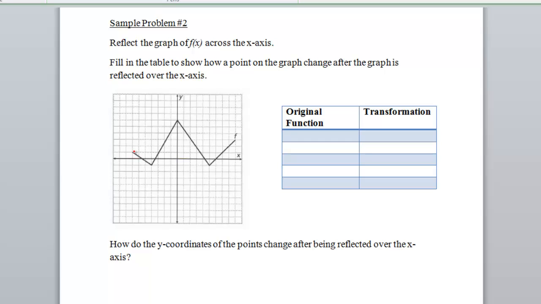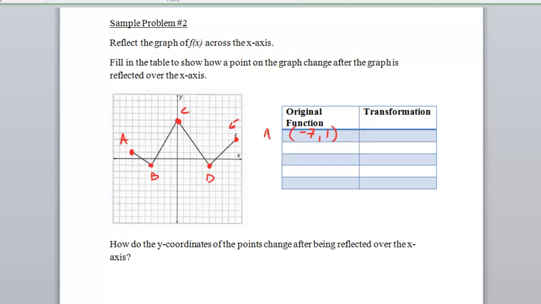Okay, I'm going to define a couple of points. I've got A, B, C, D, and E. A is going to be, now if we count, 1, 2, 3, 4, 5, 6, 7, so that's going to be -7 and a +1 value.